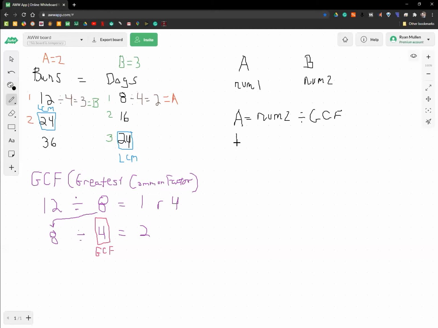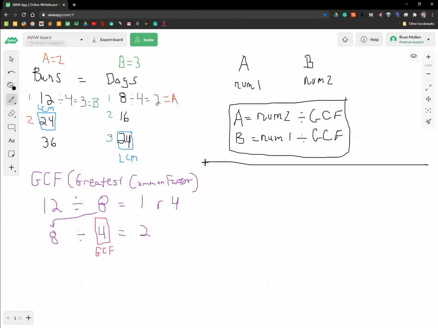And B is going to be equal to number 1 divided by the GCF. This is our rule that we can use here. Let's see if we can calculate some A and B values. Let's box this off here and see if we can use this little space.